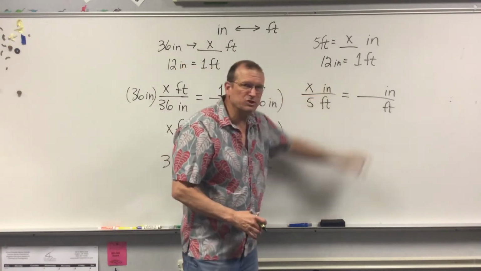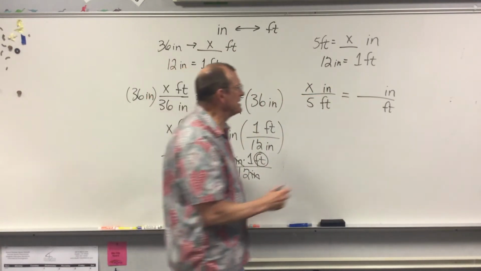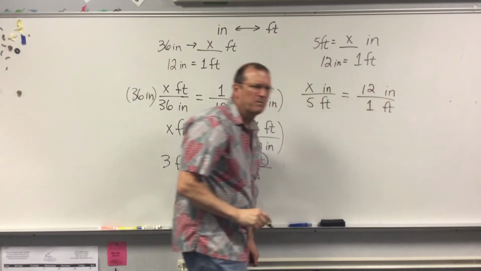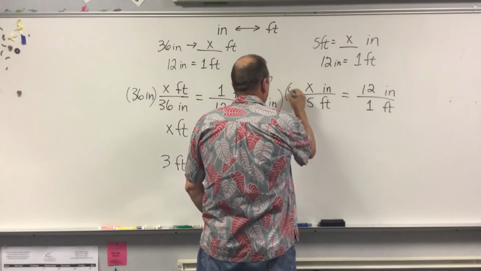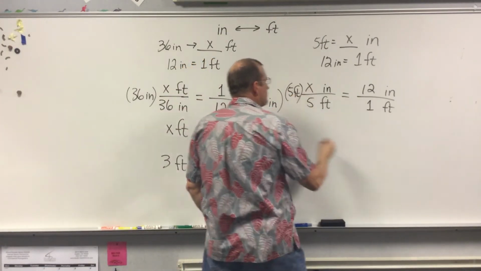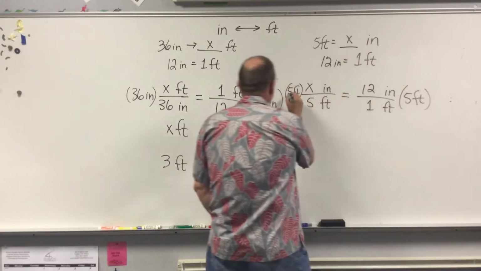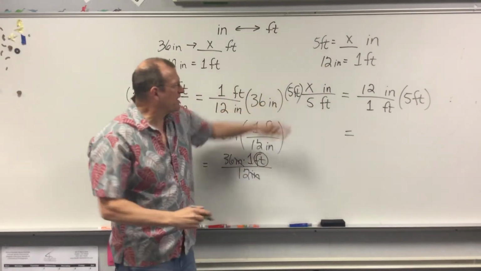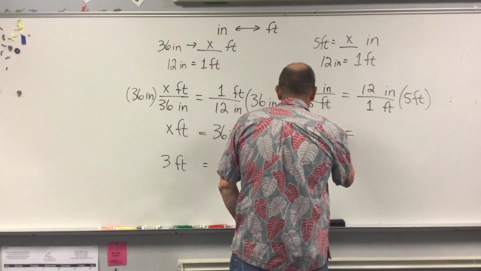We would have to adjust on the other side, but in the end, the math would work out exactly the same. So we put our 12 inches and 1 foot here, and when we say, okay, I want to isolate the x, I multiply both sides by 5 feet, because the 5 feet end up canceling, and I'm left with x inches on this side.